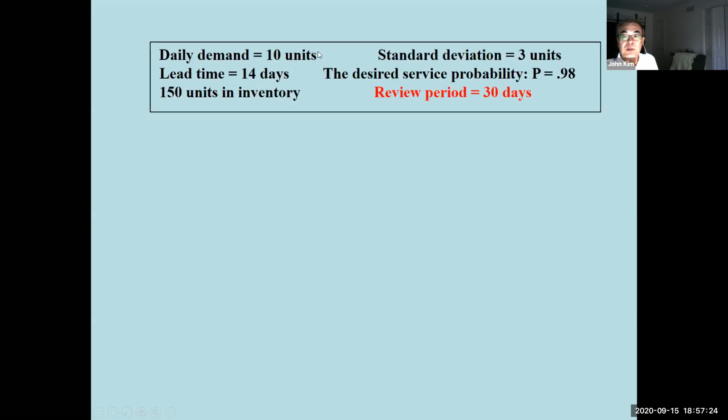Example: daily demand is 10 units, lead time is 14 days, 150 units on hand, standard deviation is 3, and desired service probability is 98%. The review period T equals 30 days.